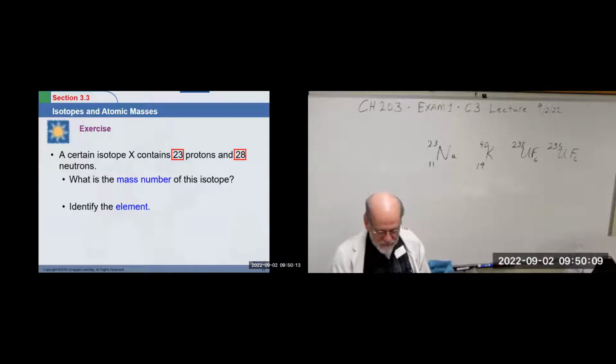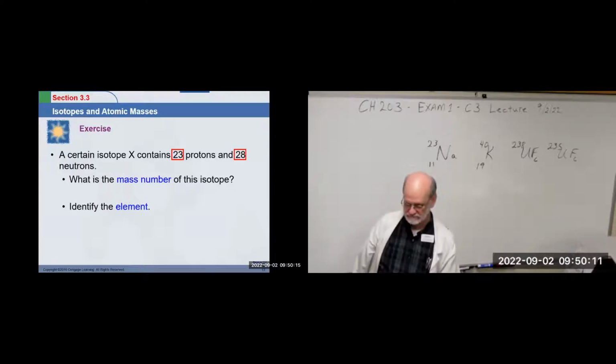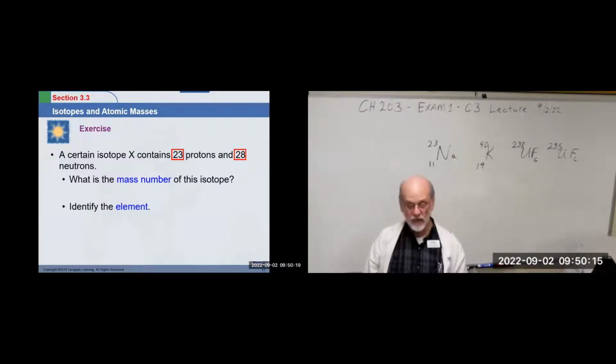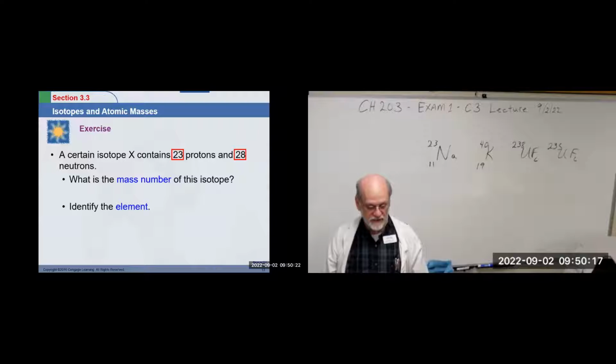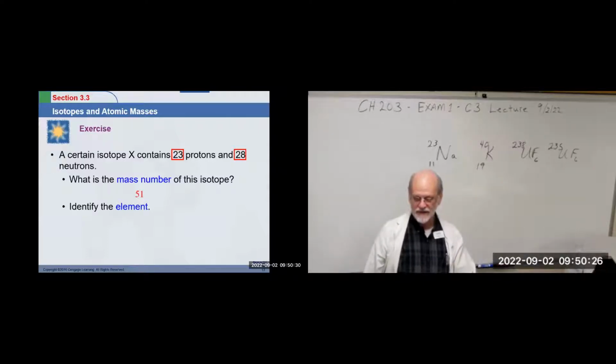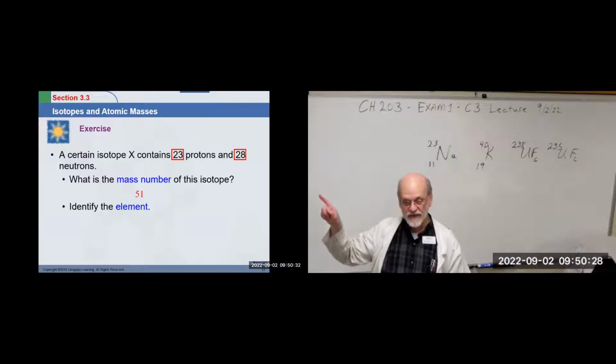Okay, the mass number of this element is what? 51, right? 23 plus 28, protons plus neutrons, 51. Okay, what element is it? What do you need to know to find the element?